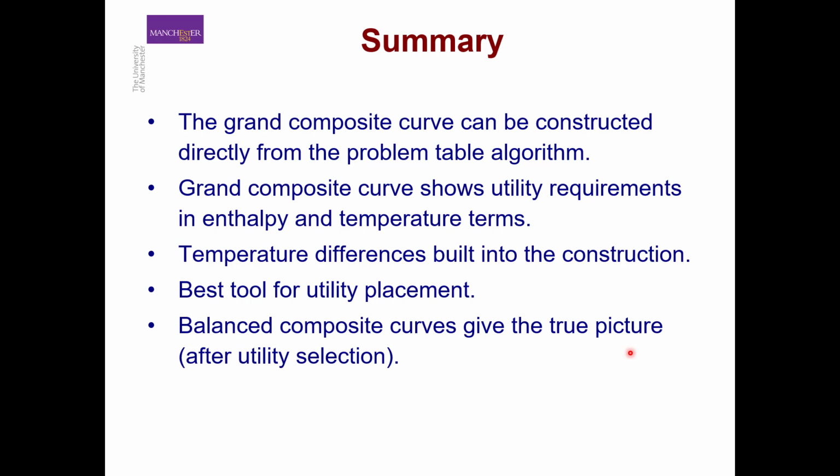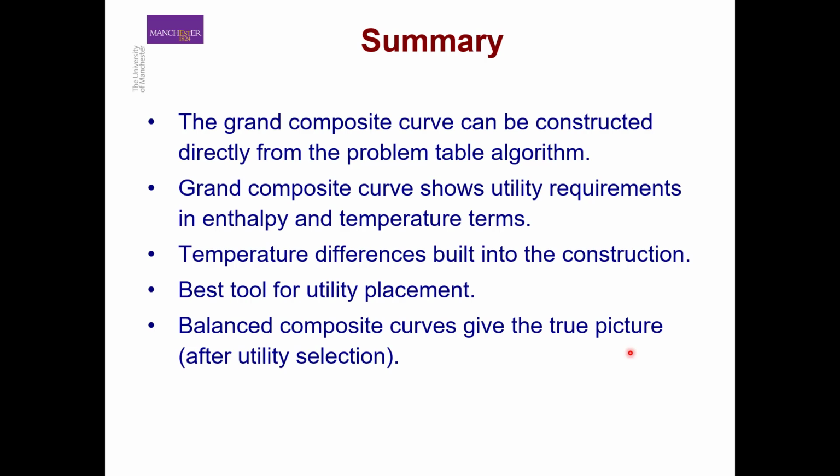So, in terms of the summary of this lecture, the grand composite curve can be constructed directly from the problem table algorithm, as we saw in the lecture. The grand composite curve shows utility requirements in terms of both enthalpy and temperature. The temperature differences are built into the construction of composite curves and grand composite curves, taking into account the minimum approach temperature of the problem.